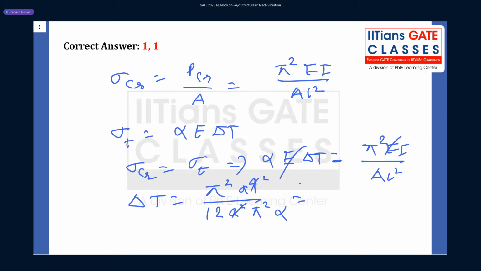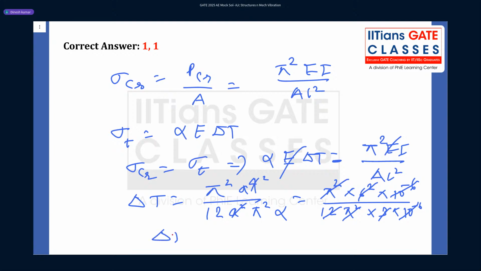So what we get is pi square into 6 square into 10 to the power minus 6 upon 12 pi square. What is alpha? 3 into 10 to the power minus 6. So you can see this got cancelled. 12 into 3, 36. Pi square got cancelled. So the temperature rise required is 1 Kelvin. So 1 Kelvin is your answer.